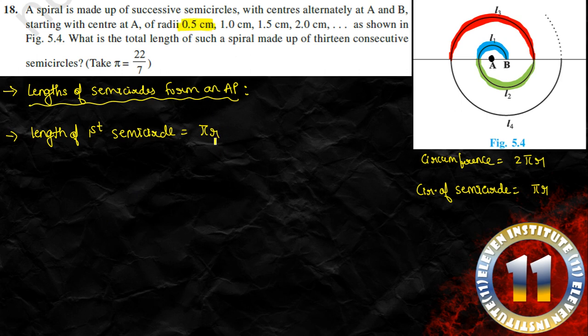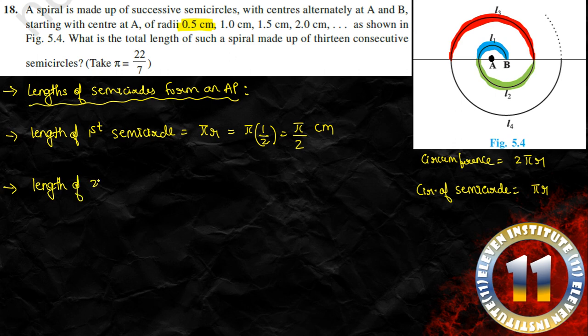So instead of r we write 0.5, so we can write pi multiplied by 0.5. 0.5 means half, so we write pi upon 2 centimeters.